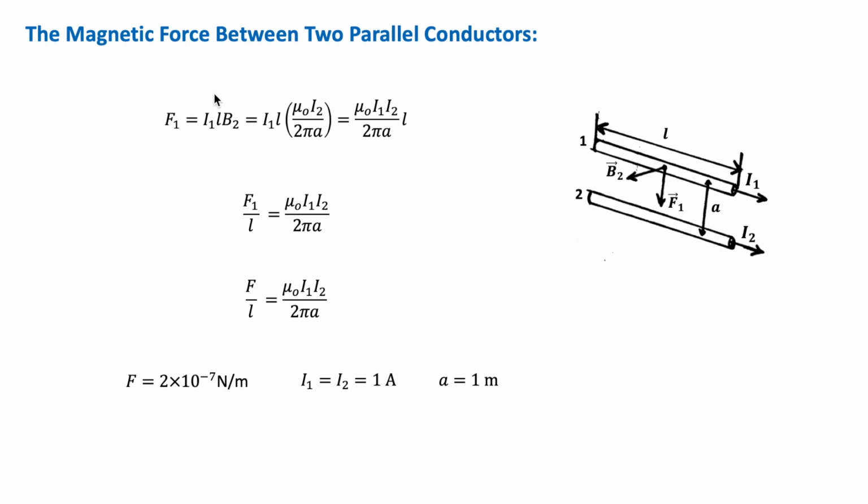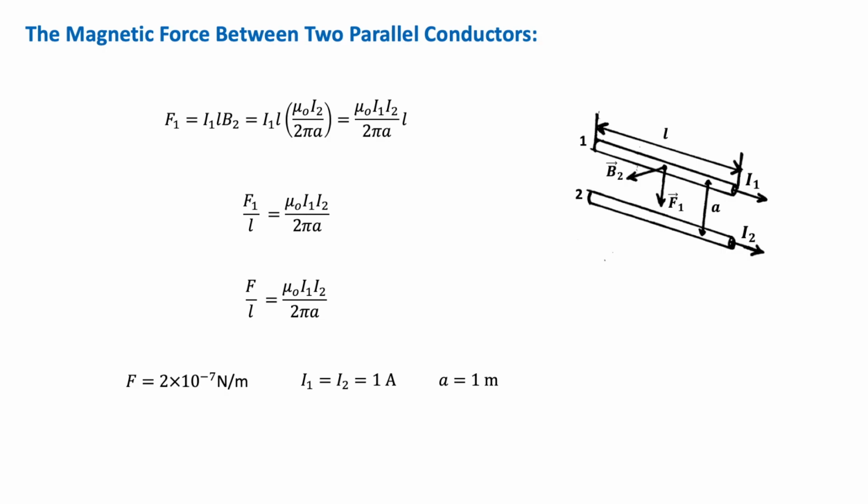It is actually I1 L × B2, but since L and B2 are perpendicular, we may write the magnitude of F1 is equal to I1 L B2, okay? And B2 is given by this equation, μ0 I2 over 2πa, okay? And so we have F1 is equal to μ0 I1 I2 over 2πa times L.